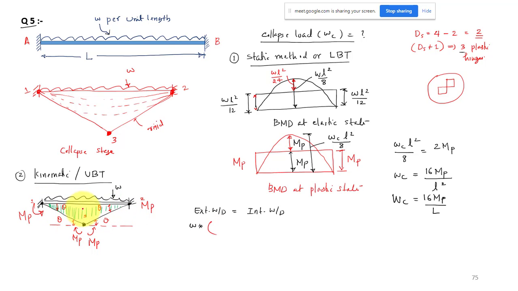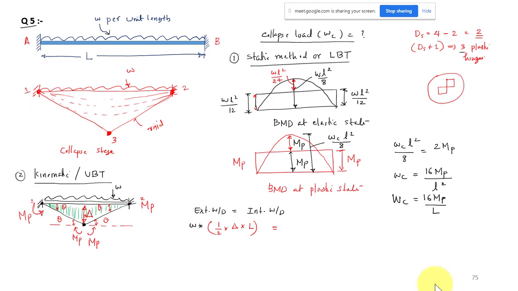Let us take the displacement at your midspan, that is delta. So your work done will be W into the area of this triangle, that is half into delta into, let us say, L. This is the external work done.